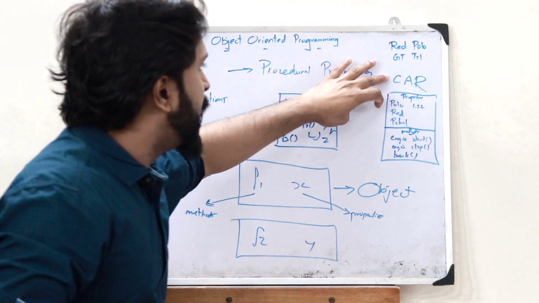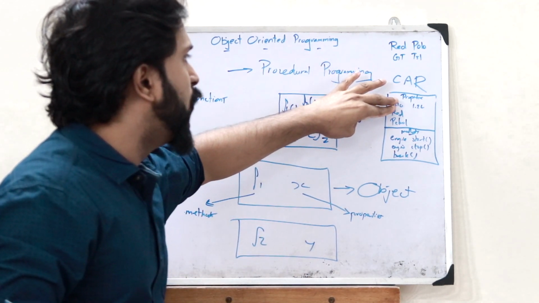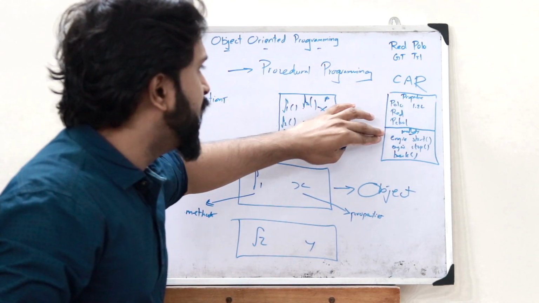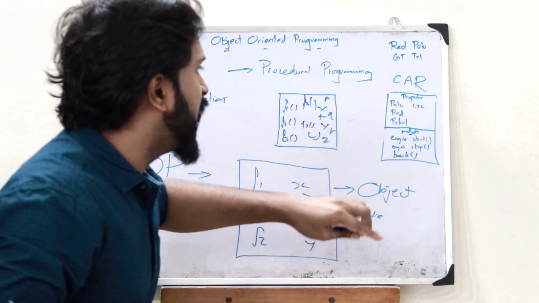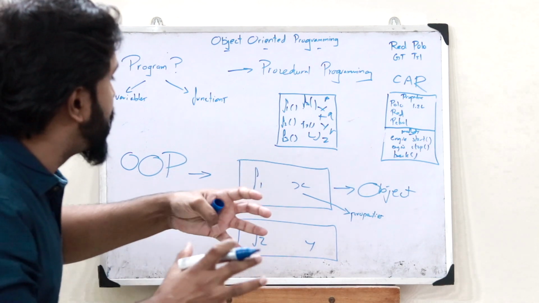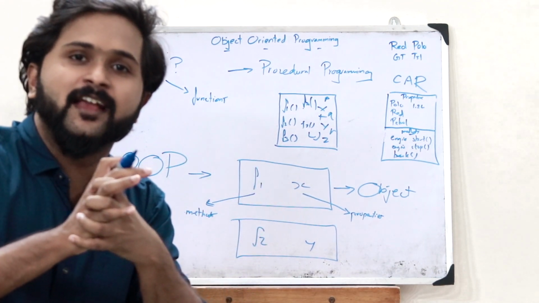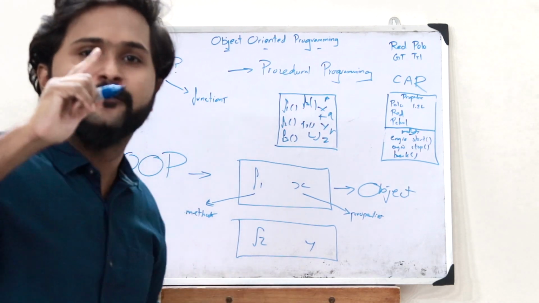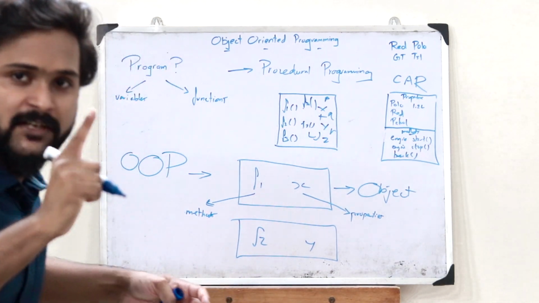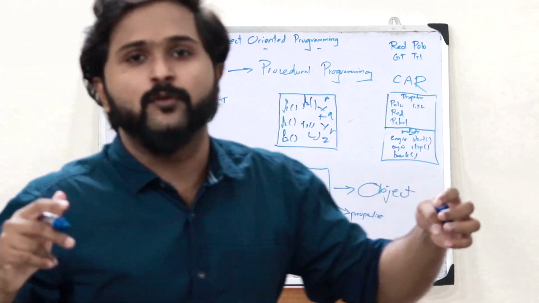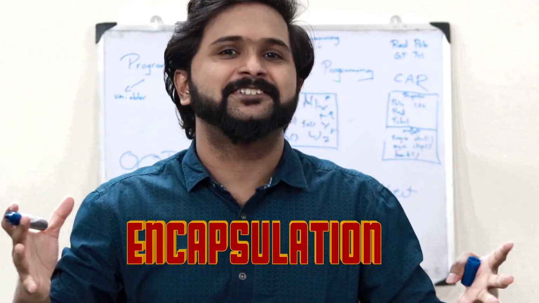So when we take a particular object, it has both a set of properties as well as a set of methods. So this process of grouping together similar variables and functions is what you refer to as the first pillar of object-oriented programming, which is referred to as encapsulation.